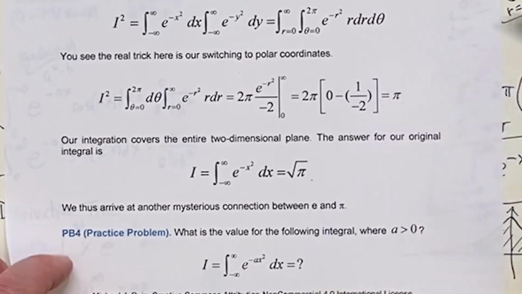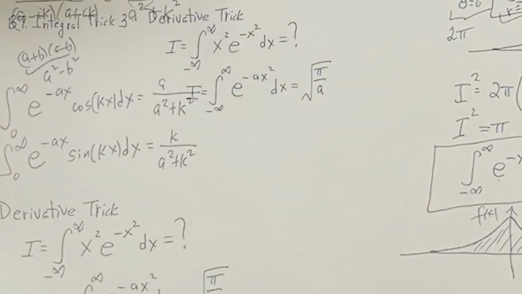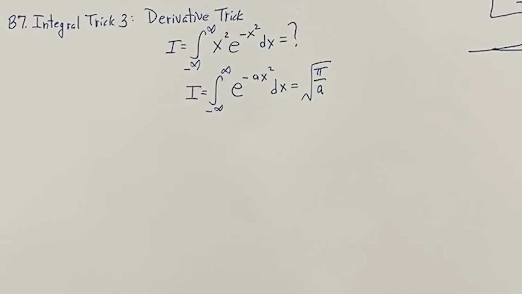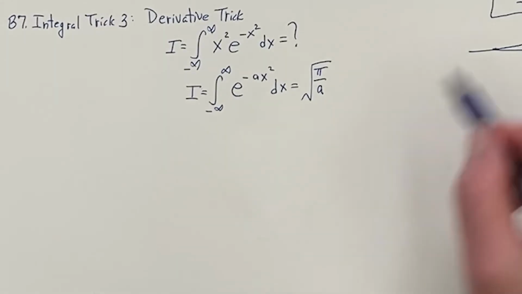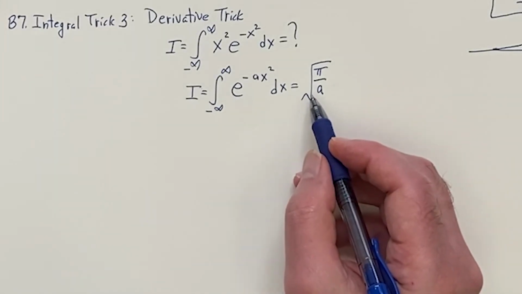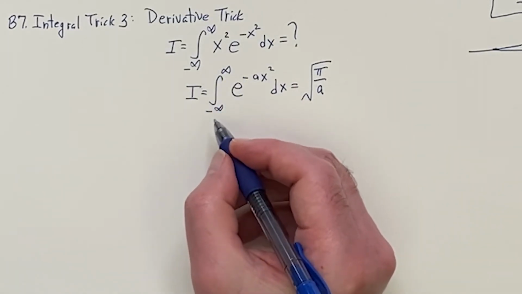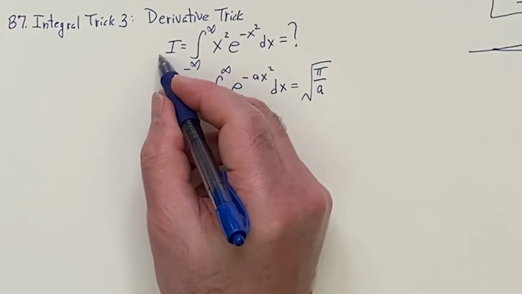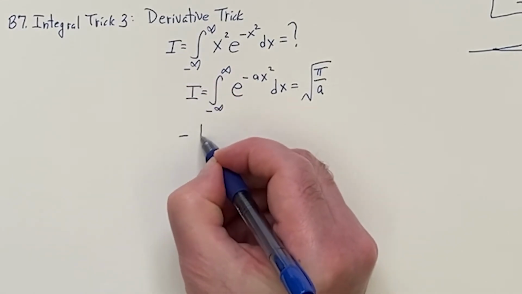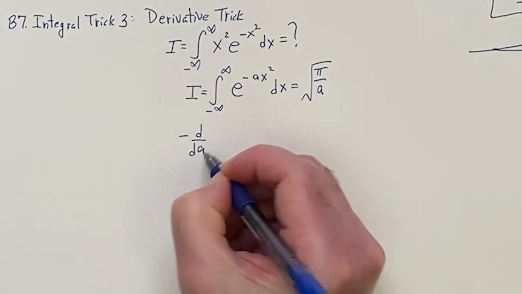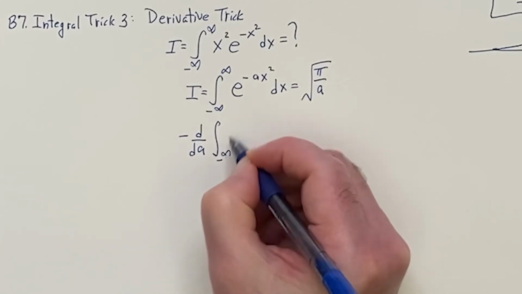So I encourage you to fill in these steps in more detail. So now what you do is, to get this one, what we're going to do is we're going to take the derivative of minus d/da of this integral.